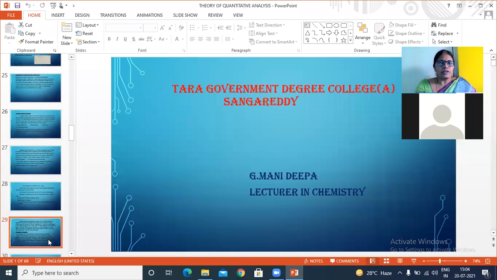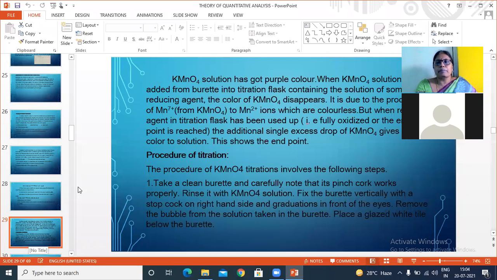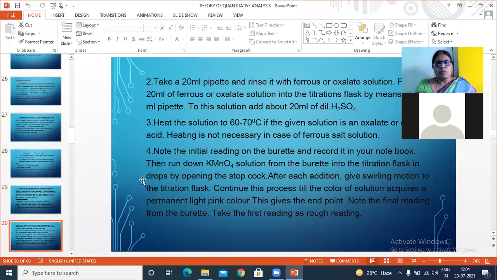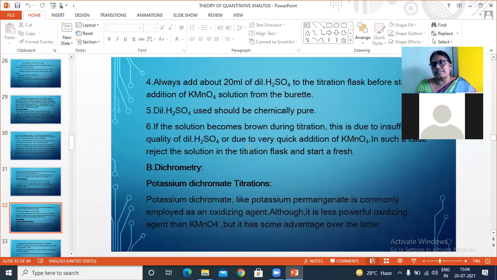In potassium permanganometry, we are not supposed to use any indicator because potassium permanganate itself works as a self-indicator. But in dichrometry, we have to use an indicator. Like KMnO4 in permanganometric titrations, potassium dichromate also acts as an oxidizing agent in most cases.